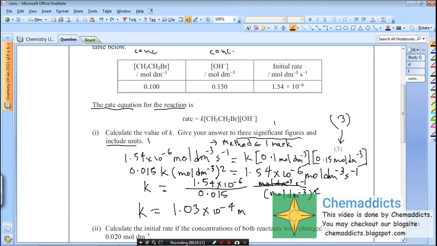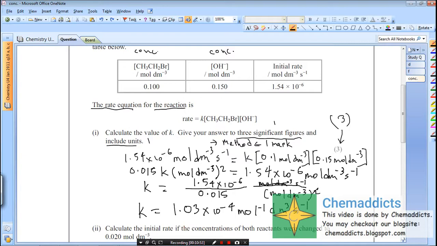If we take the reciprocal of the whole unit part, we will get per mole dm cube per second. So this is the unit for k, and we have written the answer to three significant figures and also included the correct unit. So this is how it's done.